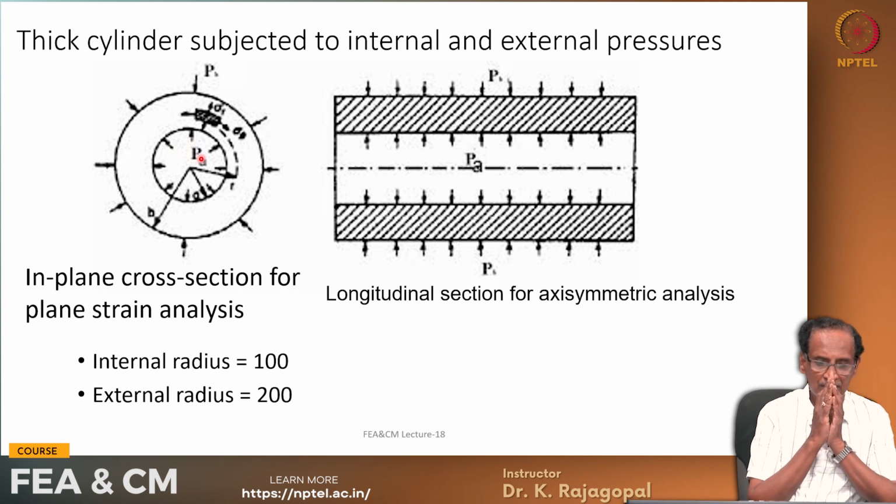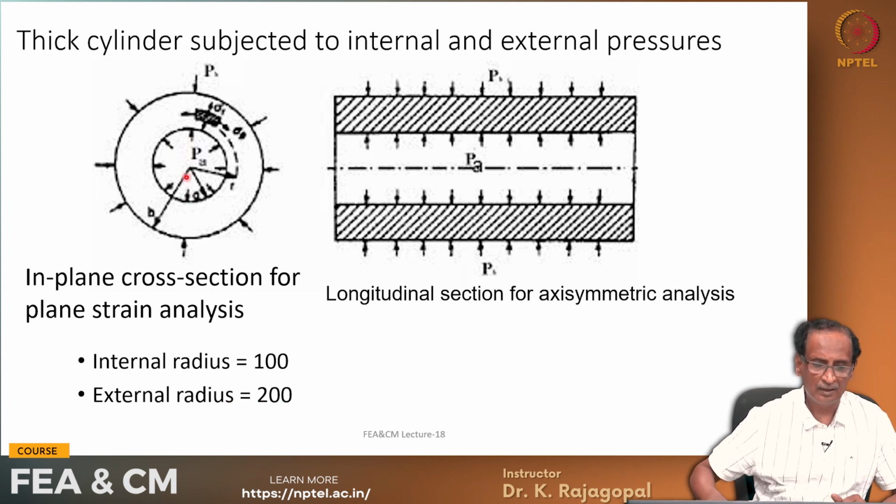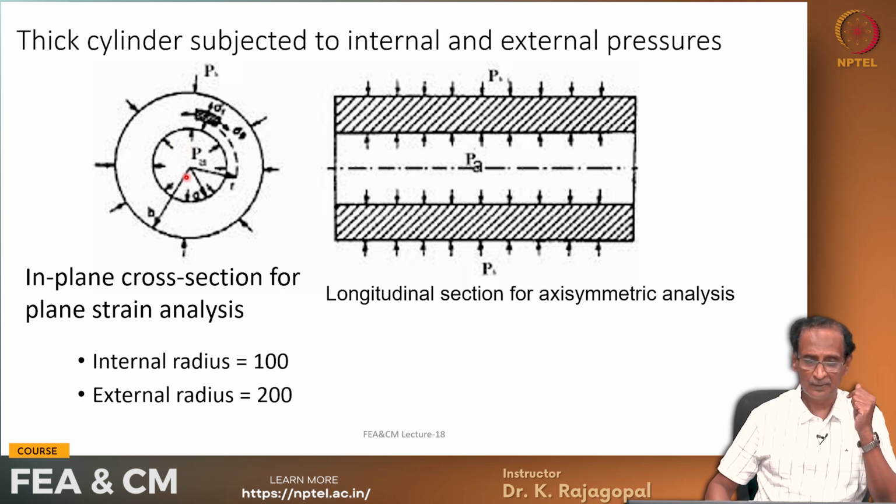So, the dimensions: internal radius is 100 and external radius is 200, and we can do the analysis in two ways. One is plane strain, and the other is axisymmetric, depending on how you take the cross section.